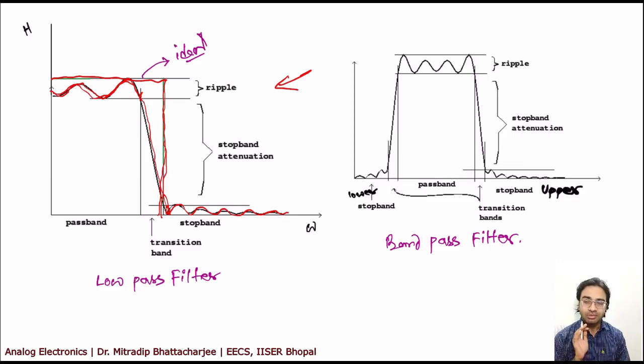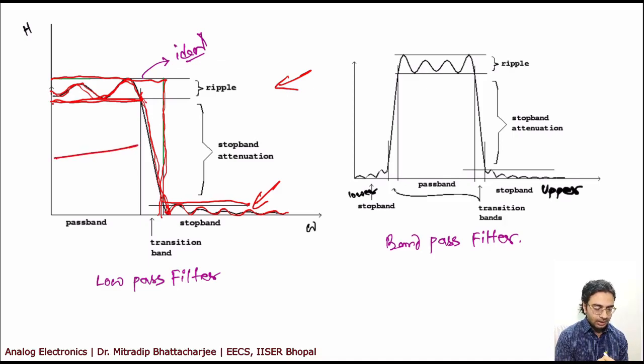In most cases we consider this a single frequency ripple, because if you put complexity in the ripple, then again there will be complexity in the analysis. So as of now we will consider this a single frequency ripple. That means the frequency of the ripple is fixed. And if you see this filter now, in the case of the low pass filter, the characteristics are something like this.